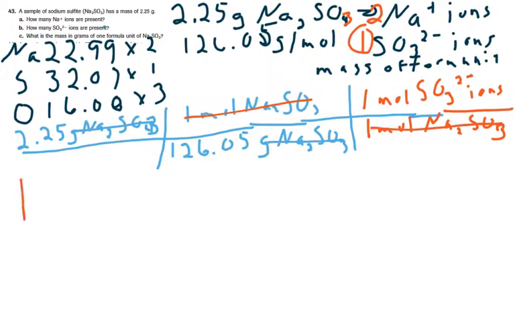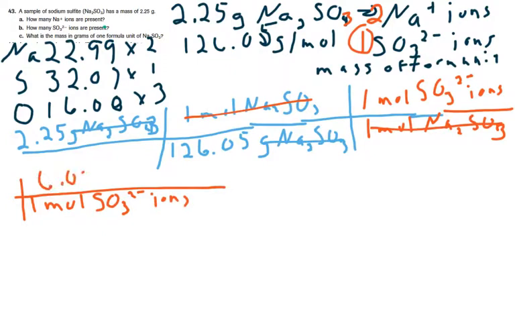Now, again, I'm running out of room up there, so I'm going to bring it down here. In 1 mole of sulfite ions, there are 6.022 times 10 to the 23rd sulfite ions.